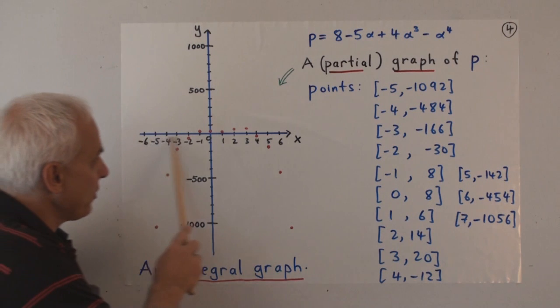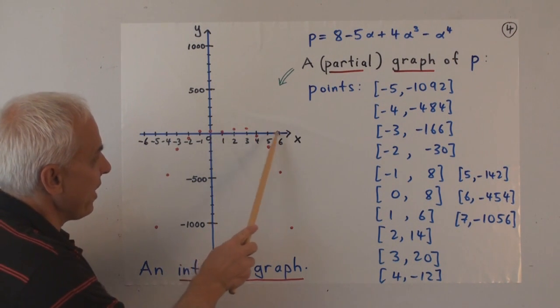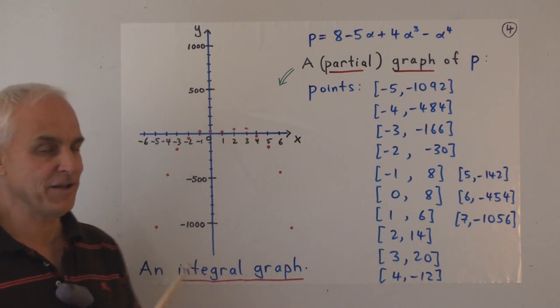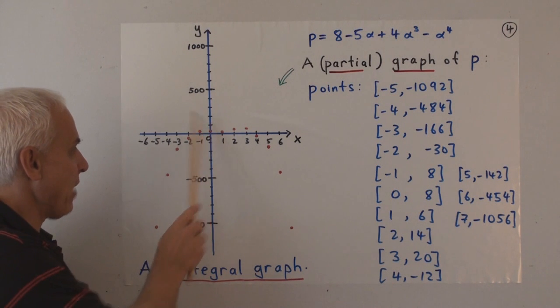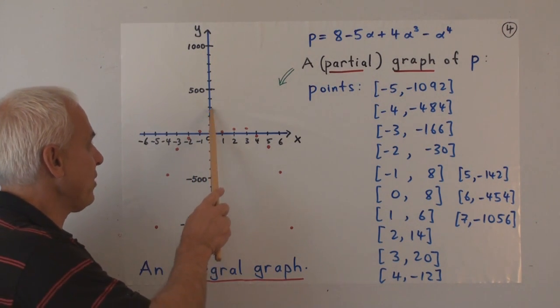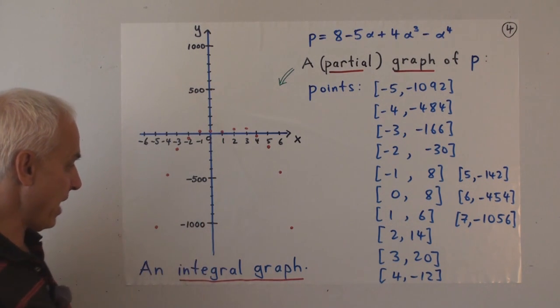So here the x-axis has been scaled, so this is 1 unit: 1, 2, 3, 4, 5, 6, and so on. However, the y-axis has been scaled dramatically differently. This now represents 100. So 100, 200, 300, 400, 500, that's 1,000. That's minus 500. That's minus 1,000.